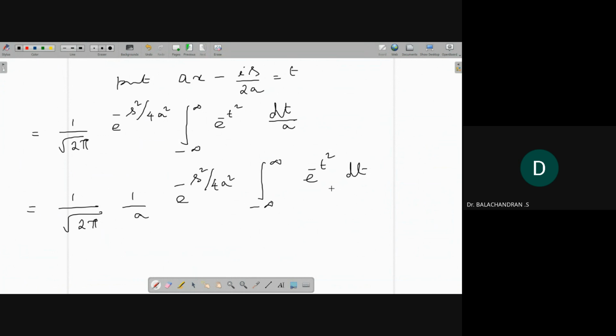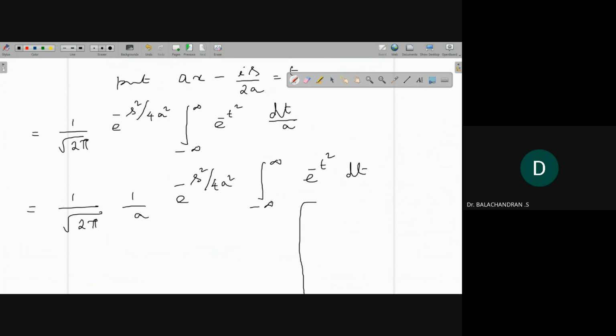Now I'm going to evaluate this integral separately by putting t square equal to some u. Before this, we'll use the even function idea, and then you can do.